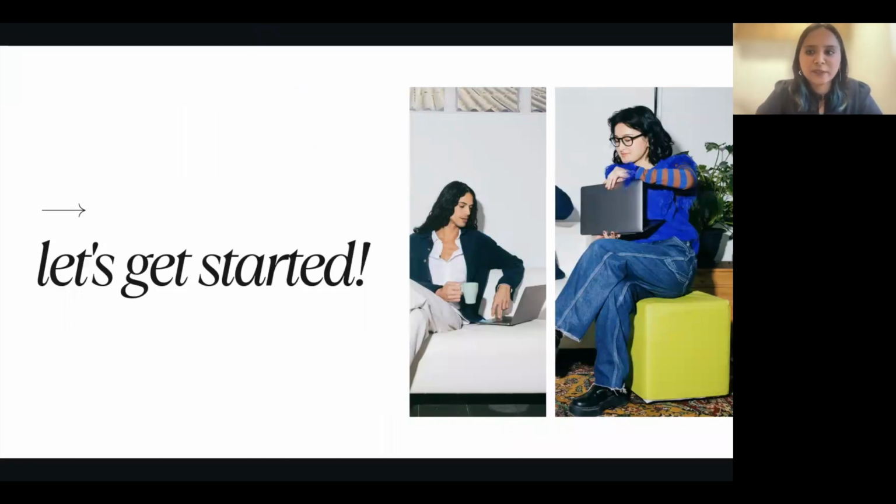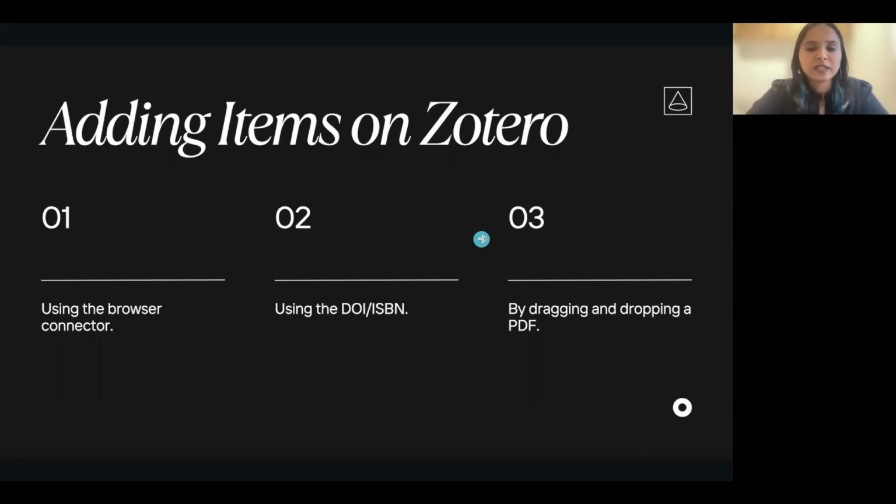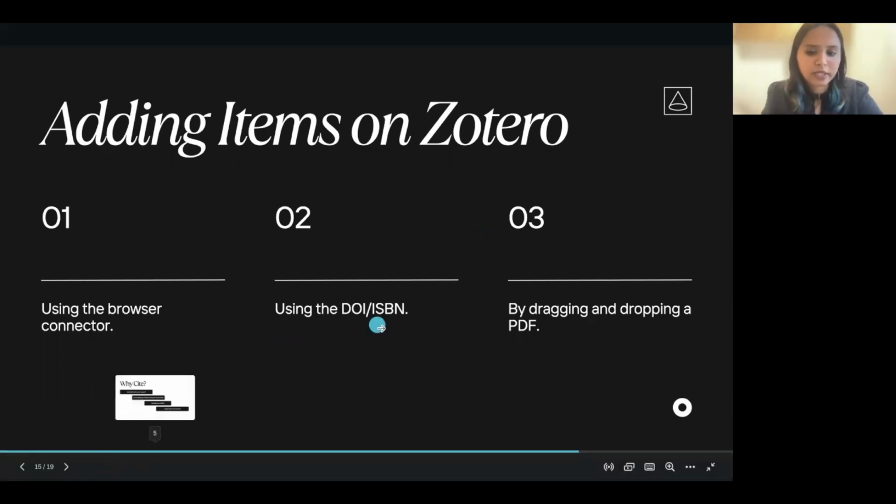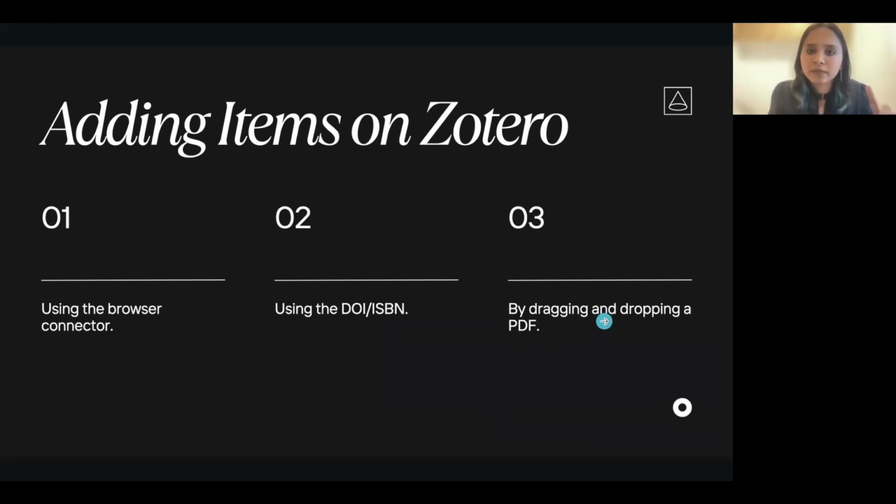I will first talk about how to add items on Zotero, right? And let me just quickly go to my Zotero tab. Okay, so there are three main ways in which you can add items on Zotero, which is by using the browser connector, which you must have already installed, using the DOI or ISBN. DOI is the digital object identifier, that unique link you'll get for journal articles.